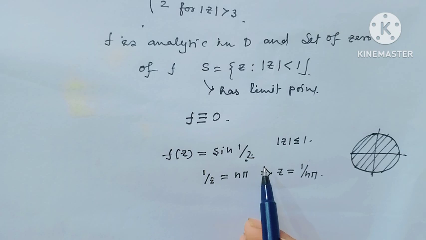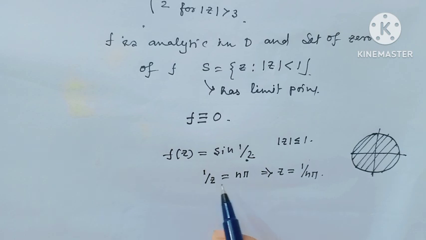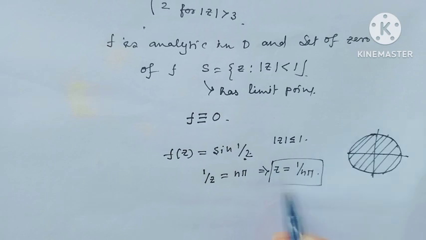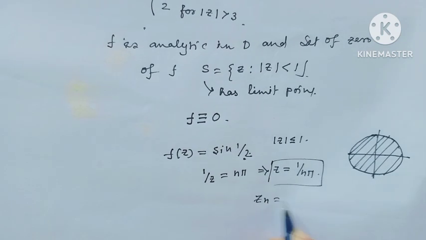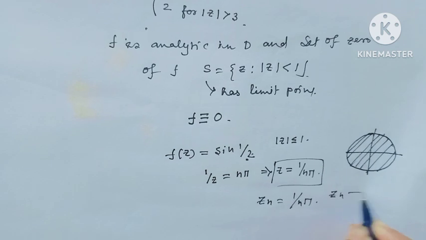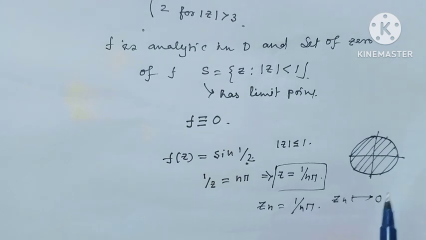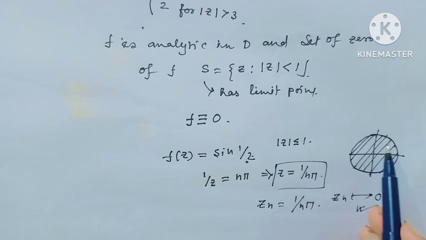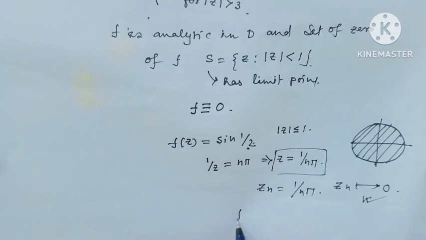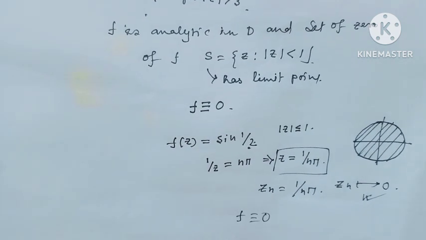sin(1/z) = 0 means 1/z = nπ, that implies z = 1/(nπ). Consider z_n equal to this sequence 1/(nπ), where z_n tends to 0. Obviously, this limit is inside this domain, but is the function identically equal to 0?